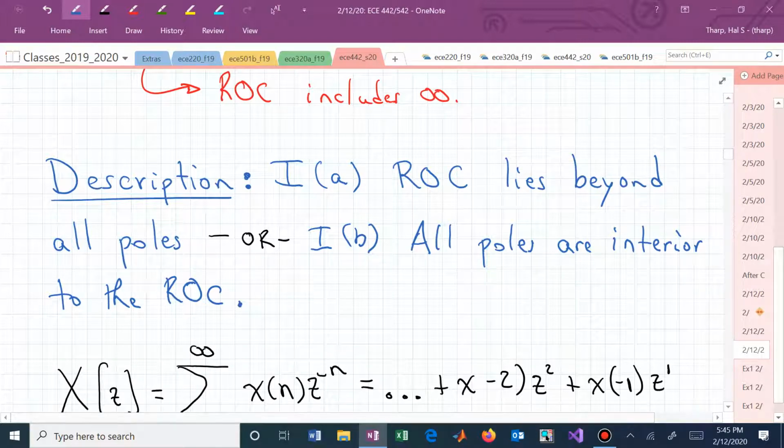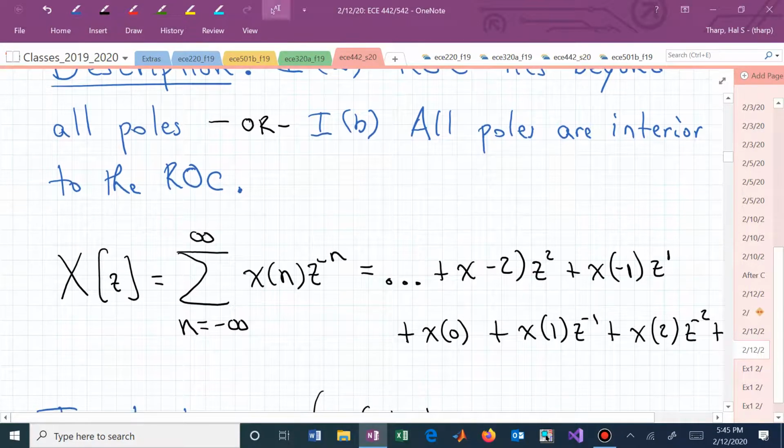Two different ways of trying to say the exact same thing, trying to describe exactly the same region of convergence. Just whichever one resonates with you or you like, as long as it's clear what we mean by the region of convergence.